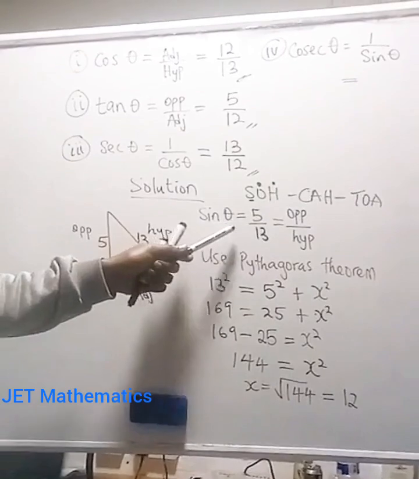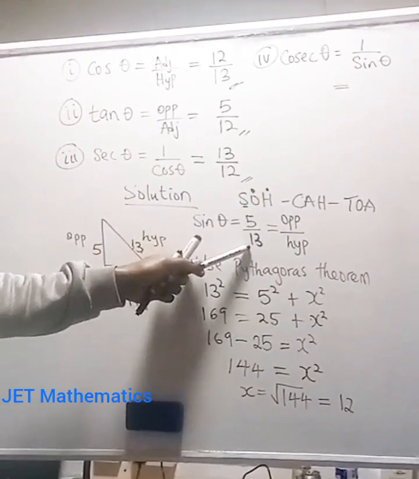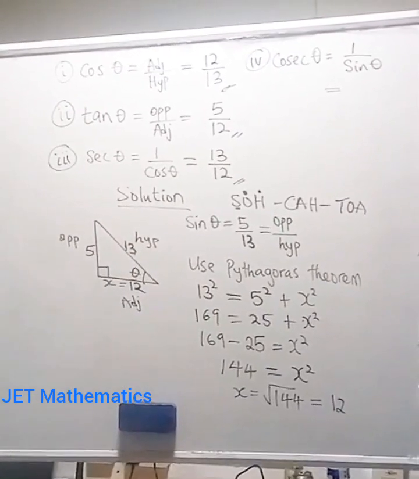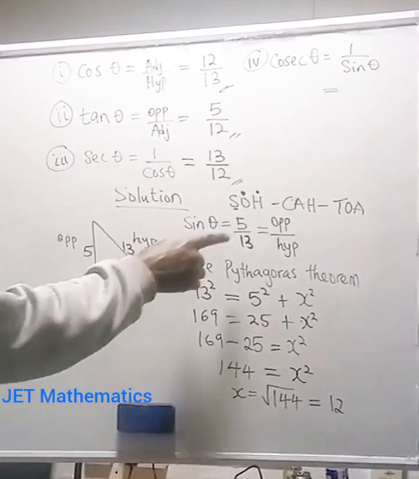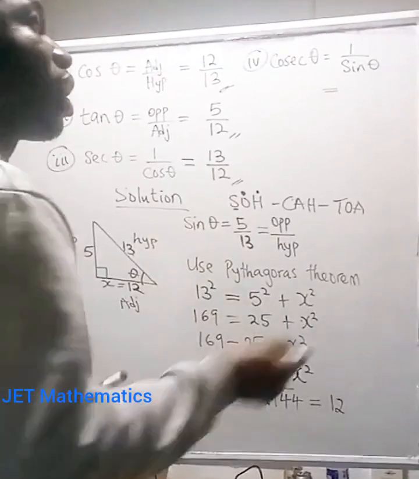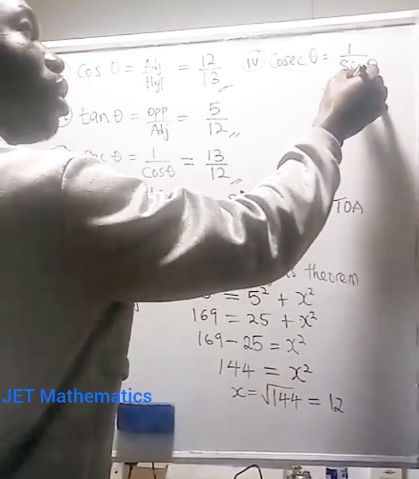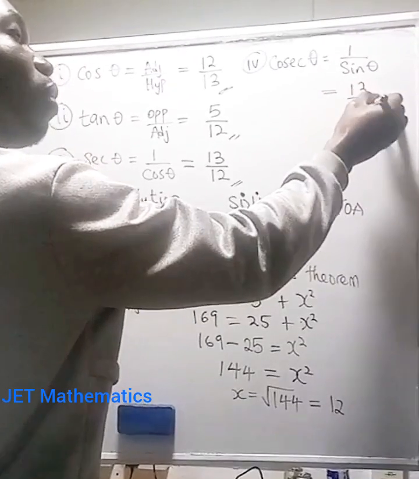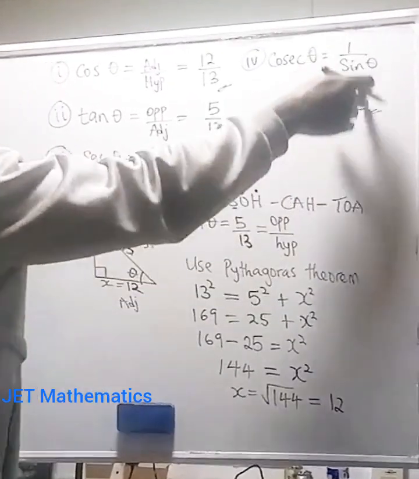Sine theta is 5 over 13. So the inverse of 5 over 13, 13 goes up and 5 goes down, and so that gives us 13 over 5. So this is the cosec theta.